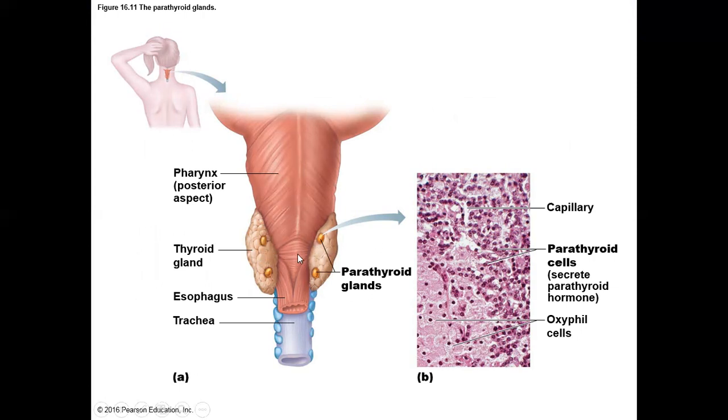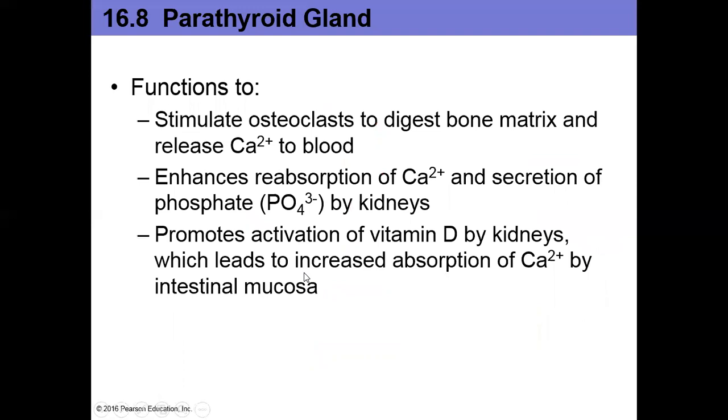So you know you're looking at the back of this when you can't see the isthmus. Anyway, they are in pairs, so that's the parathyroid gland. And here's the specificity of it. It stimulates the osteoclast to degrade the bone's matrix so that they can release the calcium and transcytose it to the blood. Yay, that's what it does. Now, it promotes the activation of vitamin D by the kidneys. Yes, kidneys help. Why?